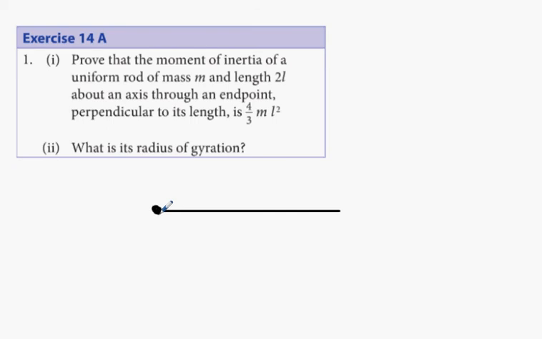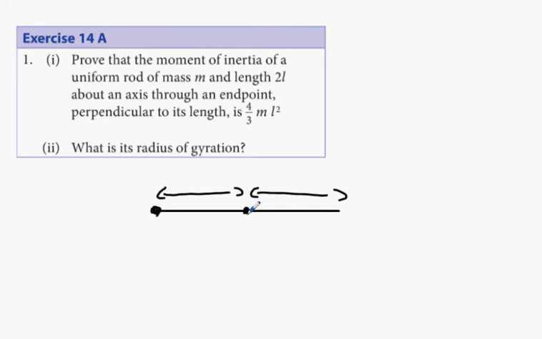What does that mean regarding its axis of rotation? When it's held through the endpoint, what way is it going to rotate now? Like that, because it's rotating about its endpoint as opposed to its midpoint. Like last time, it's 2L in length. The center of gravity would still be here, but the axis of rotation is no longer there.